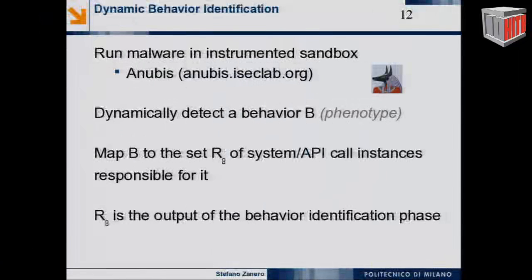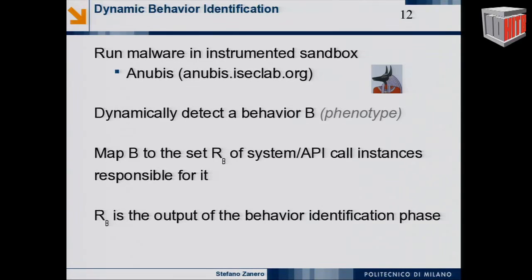So let's start with behavior identification. To do that, we use an instrumented sandbox that many of you may be familiar with. It's called Anubis. You can access it on the web, anubis.iseclab.org. You go there, you upload a sample or whatever file you want to check. Anubis will run it in a monitored environment and give you a report of what this malware does.